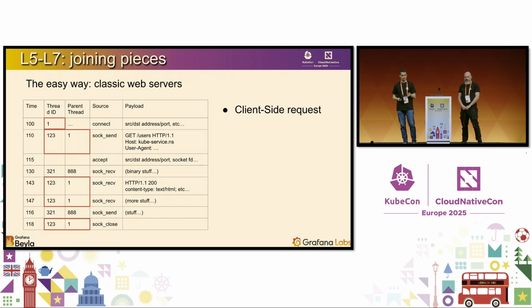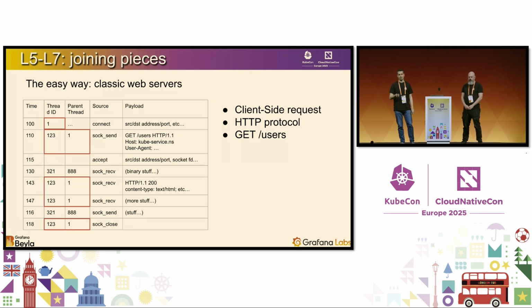So here we might know that this HTTP request is a client-side request because we see this HTTP payload in the socket submission, not in the socket receiving, but in the socket submission. So we know it's a client-side request. We know it's HTTP just by inspecting the payload extracted from eBPF. You can even know the HTTP method, get users.